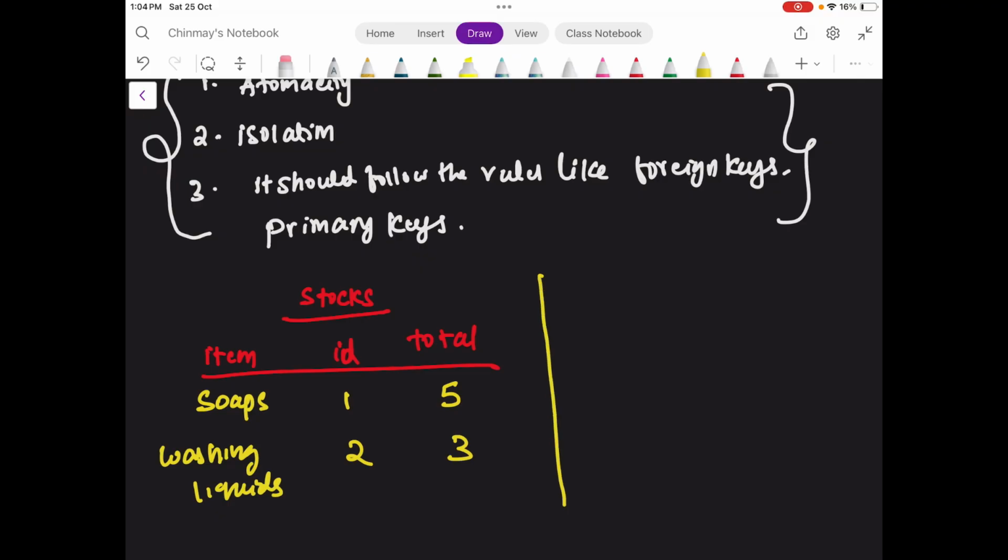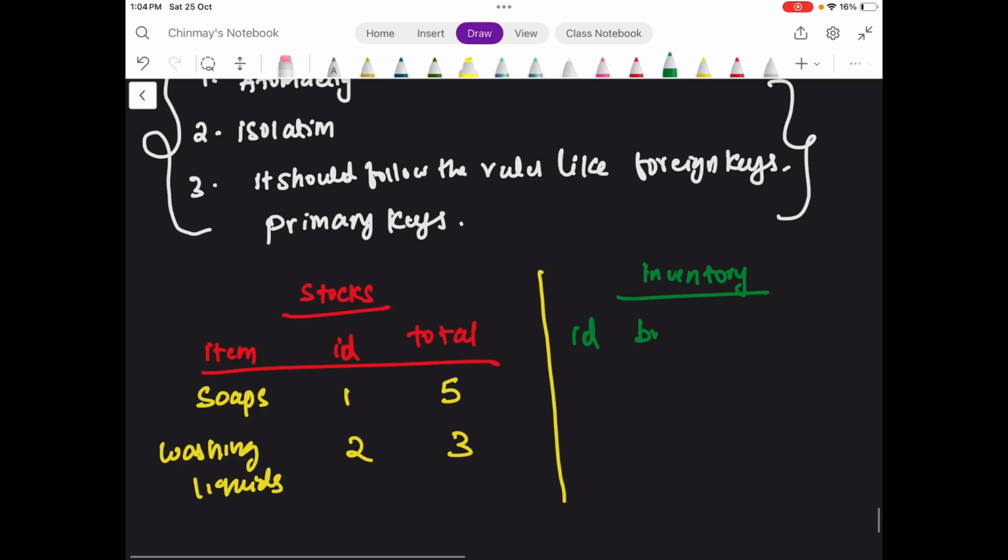Now we have another table called inventory. In inventory, we have an ID, brand, stock ID and total. We have ID 1, brand Lux soap, stock ID is 1, total is 3.